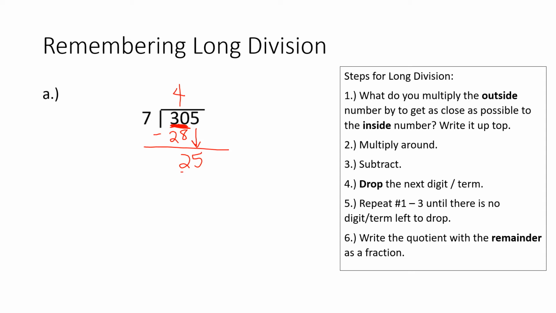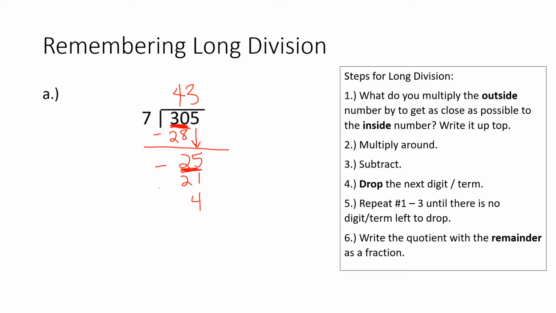So now you're looking at the 25. How many times does 7 go into 25? What can we multiply by to get as close as possible to 25? Well, 7 times 3 is 21, and that's pretty close to 25. So 3 times 7 is 21. And if I subtract here, 25 minus 21 is 4.